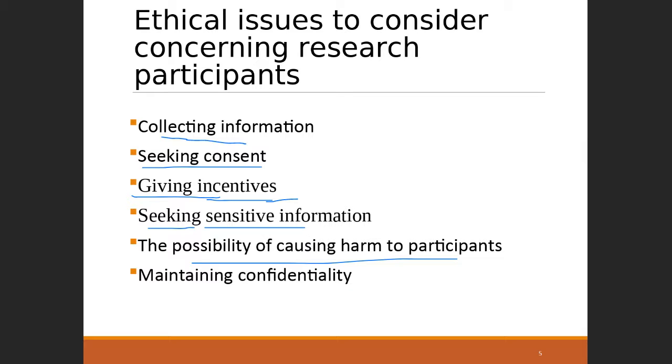Lastly, as a researcher, you must be able to maintain confidentiality of your respondents. Sharing information about a respondent with others for purposes other than research is unethical. Sometimes you need to identify your study population to put your findings into context.